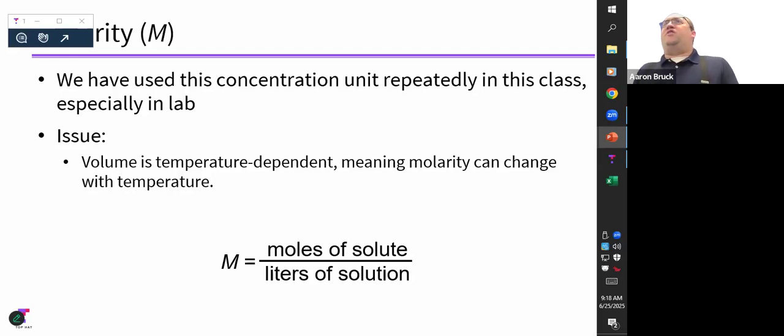Matter doesn't expand or contract. But volume does. Thermal expansion is a real thing. And even in liquids and solids, it's minute, but it's enough to notice in certain kinds of situations, especially if we're comparing extremes. And from that standpoint, what that means is that molarity changes with temperature.